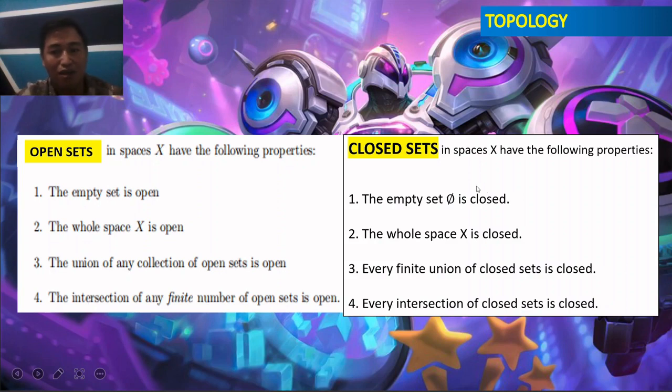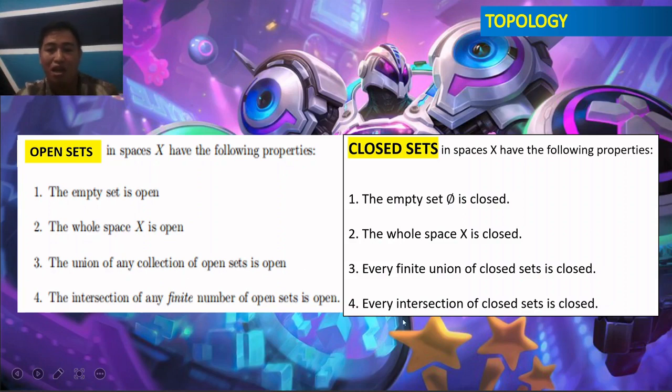And then for the closed sets, we have this. The empty set is closed, and the whole space X is also closed. Number 3, every finite union of closed sets is closed. So the union of closed sets is only finite, unlike open sets where infinite unions are also allowed.